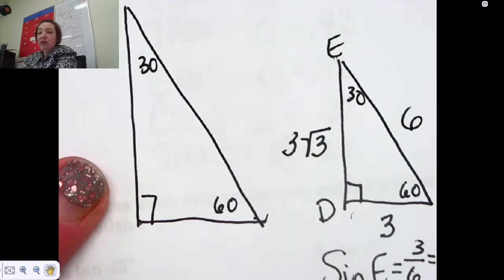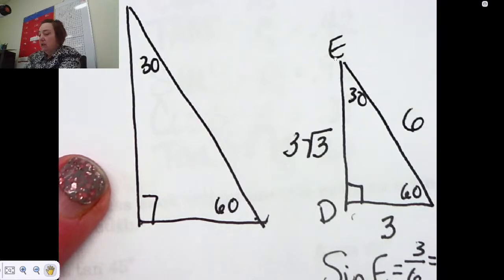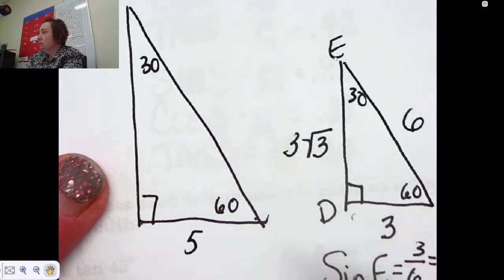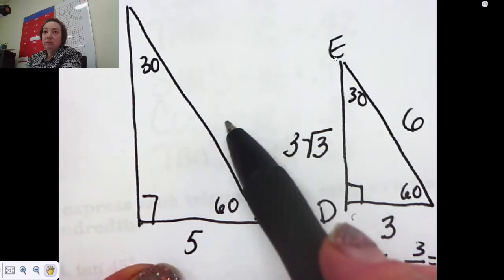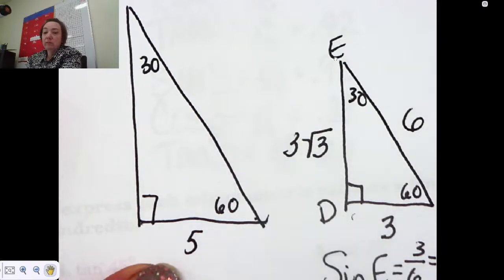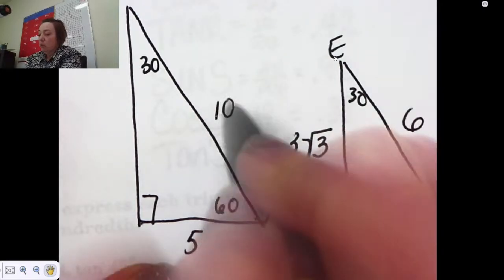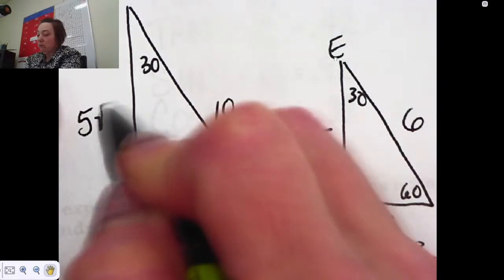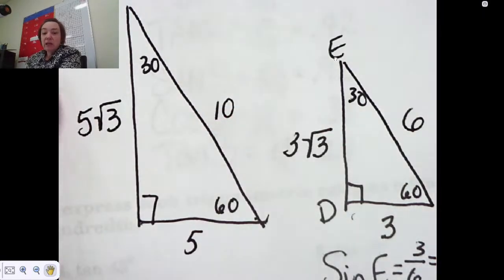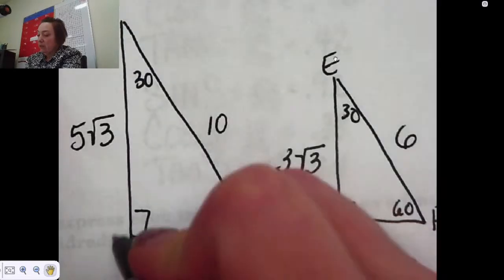If we look at this one, we've got another 30, 60, 90. Let's say this side is 5. If this side is 5, what is this side? 10. What is this side? 5 square roots of 3. Right? So let's call this LMN.